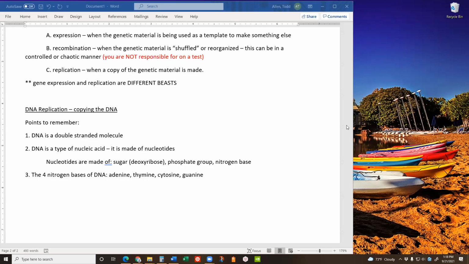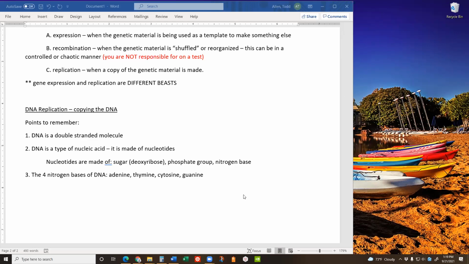So Chelsea, let me ask you, when you look at that, how many rows of dotted lines do you see between T and A? Two. Okay, good. And how many rows of dotted lines do you see between G and C? 3. Okay, good job, Chelsea. Your audio is cutting out, but you gave me the correct answer.